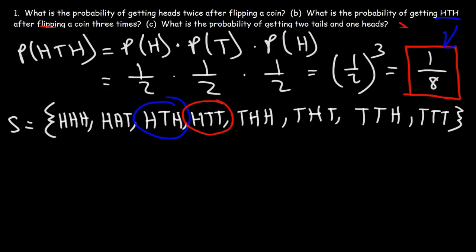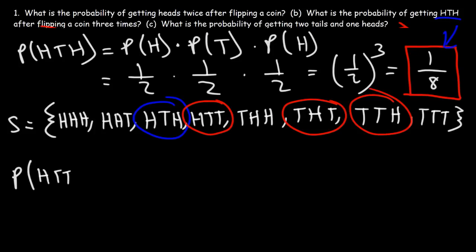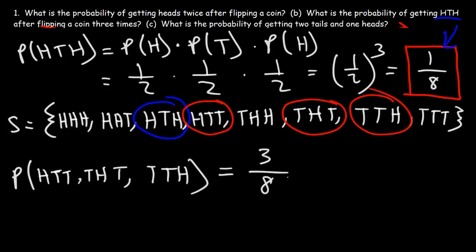So this has 2 tails and 1 heads. So there's this one and that one as well. So therefore, the probability of getting either HTT or THT or TTH is 3 out of 8, because we have 3 favorable outcomes out of 8 possibilities that will lead to this event.